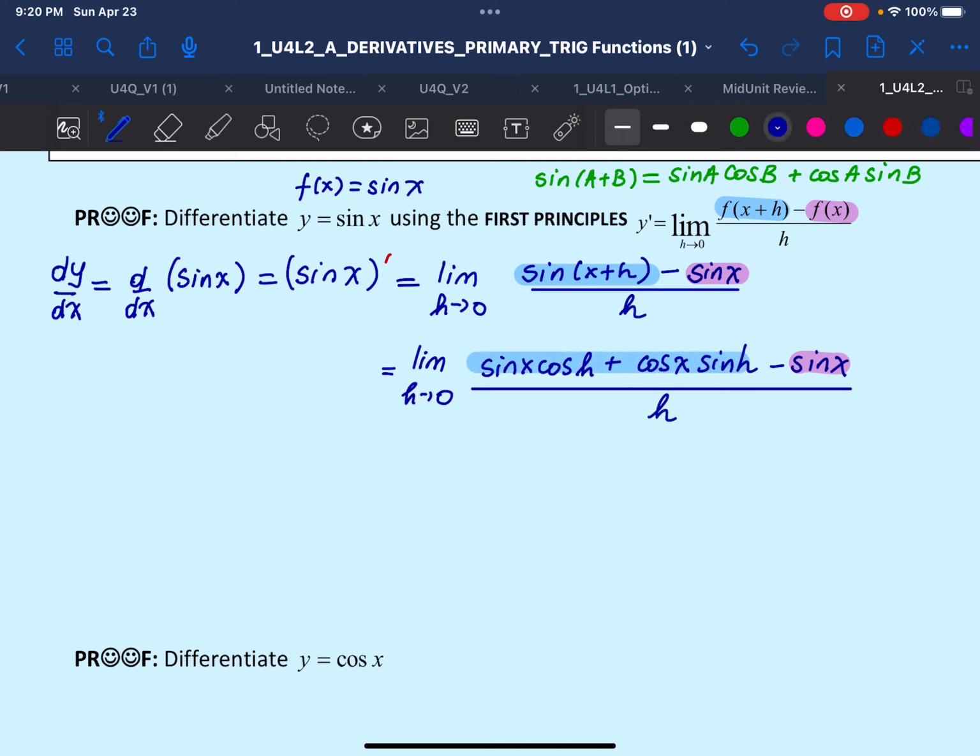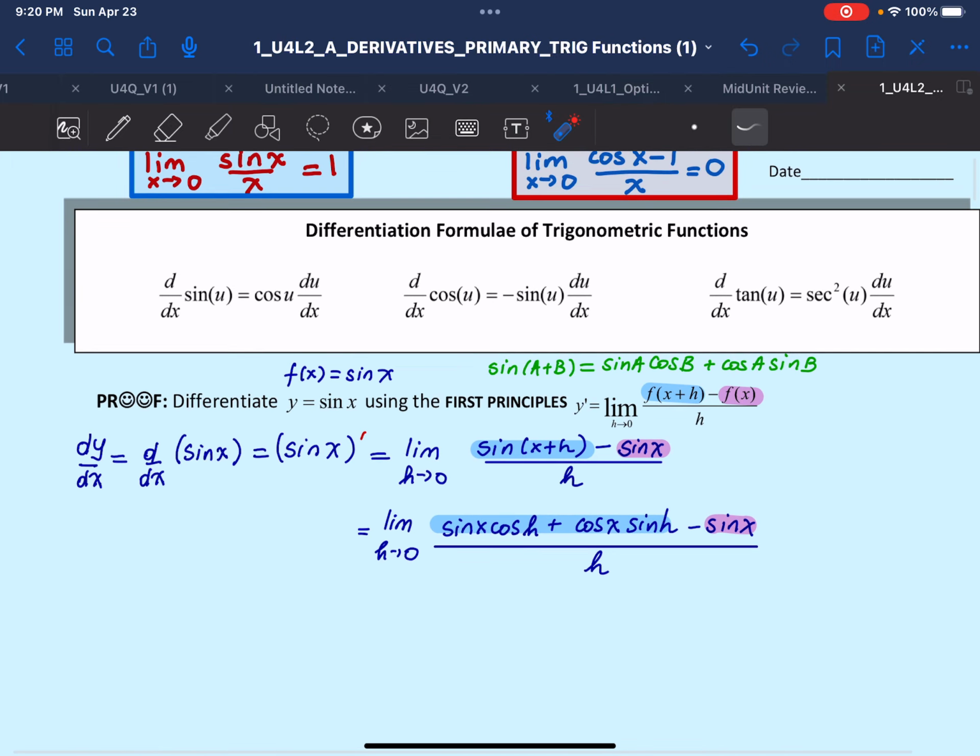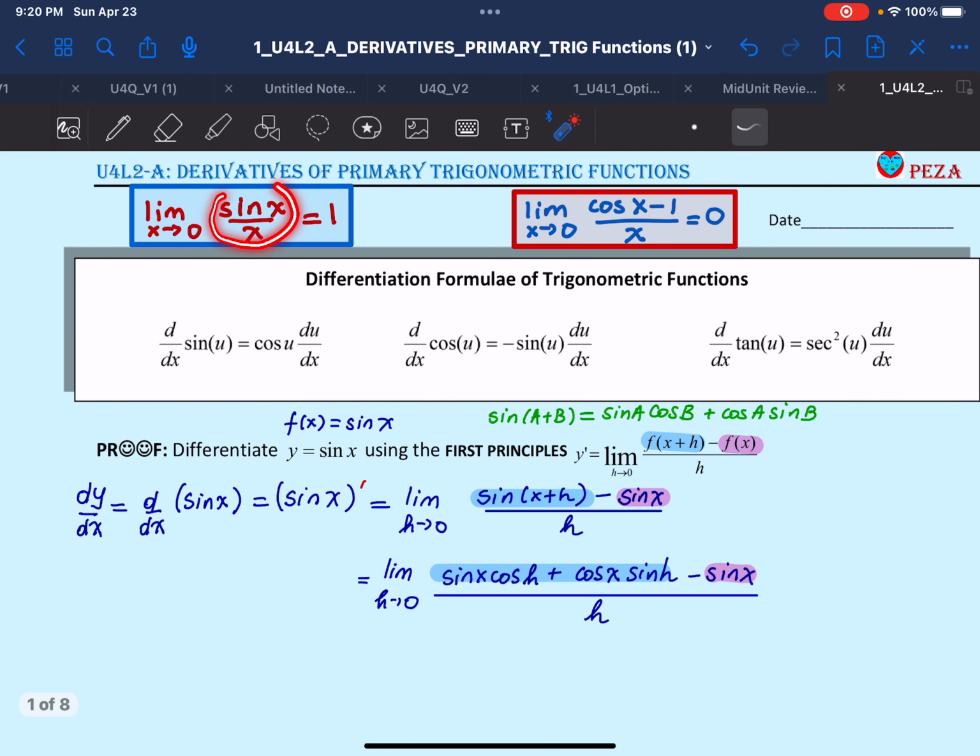So once we have brought the entire function in this form, then we are thinking, how are we going to simplify h? For this, we are going to try to bring in the limit of sine of x over x, which you can also express as sine of h over h, right?